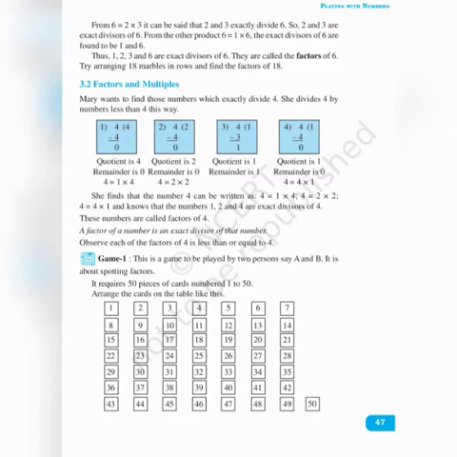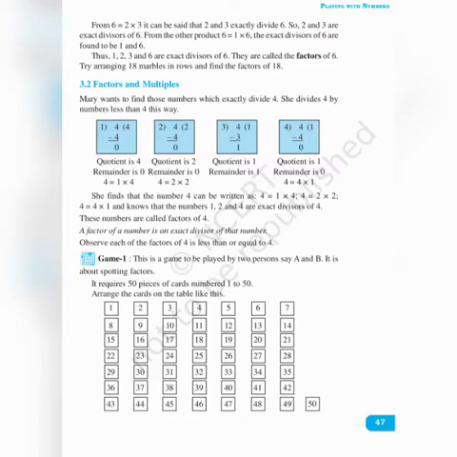Listen carefully. What are the factors of 4? 1 is a factor because it comes in the 1 table. Next, 2 is a factor. It comes in the 2 table. 3 is not a factor because it does not come in the 3 table. Next, 4 is a factor. So how many factors does the number 4 have? 3 factors.